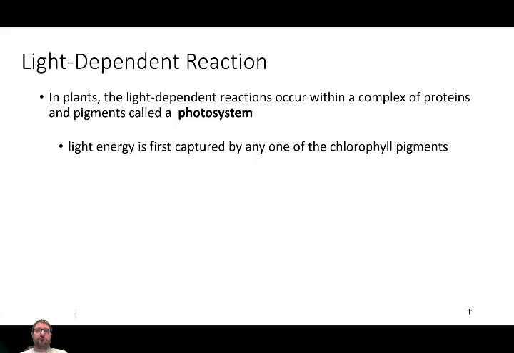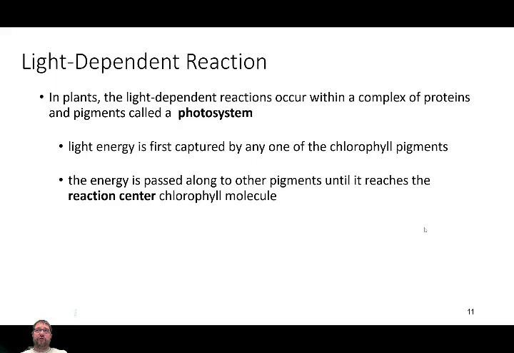Okay, so just a quick overview. Chlorophyll molecules capture light energy. They pass that light energy from one molecule to another. Again, it doesn't have to be chlorophyll; it can be other pigment molecules, but the pigment molecules capture this energy and pass it from one molecule to another.